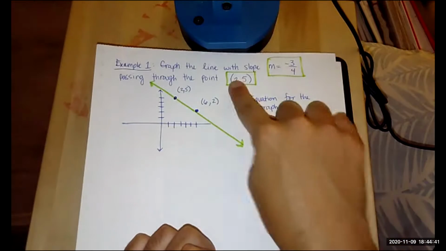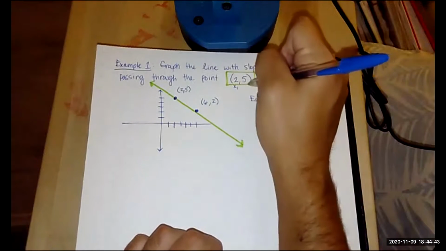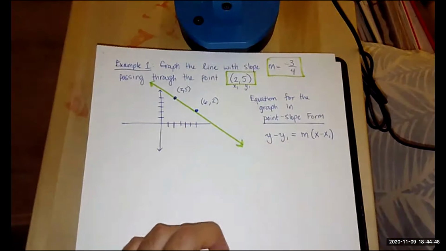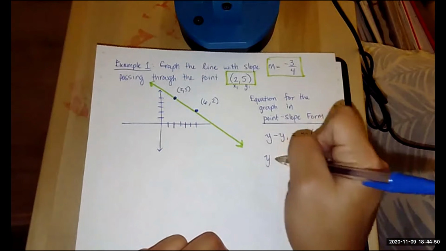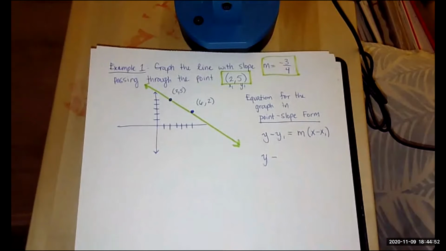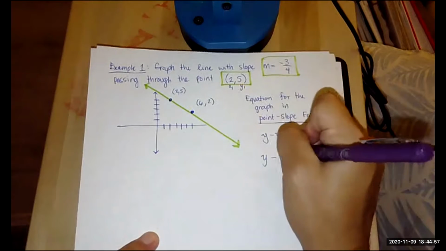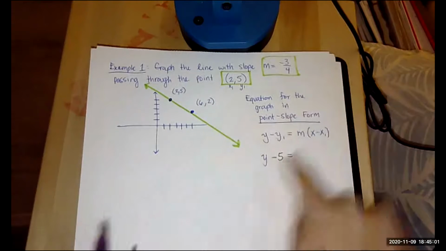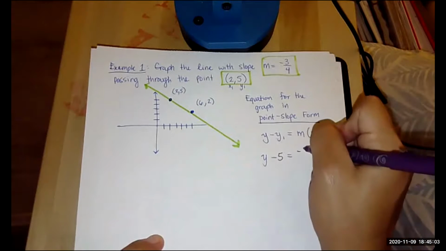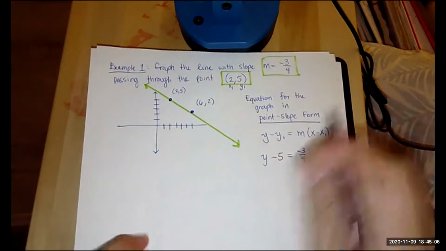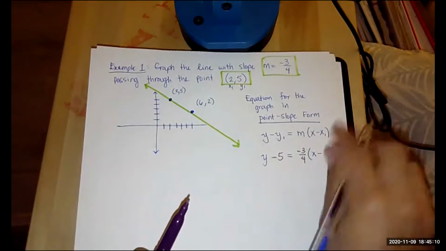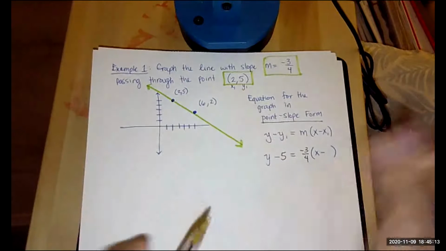We can call this one x1, y1, and that's our m. So then we can rewrite this as y minus y1, which is 5, is equal to m, which is -3/4, times x minus x1, which is 2.